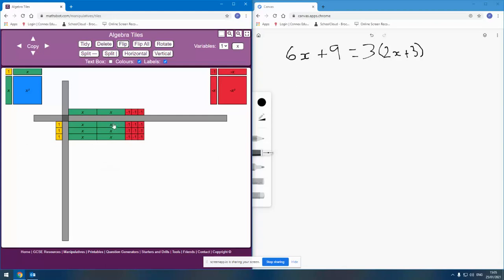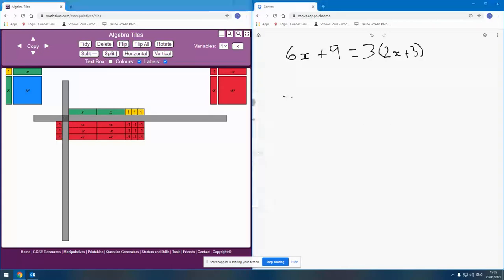What's interesting is, if I want everything negative, so negative 6x and negative 9, there are a couple of different ways of doing that. I could keep this negative, but also make this negative and have 3 bracket negative 2x minus 3, or alternatively, I could keep all of these top bits positive and make these negative.